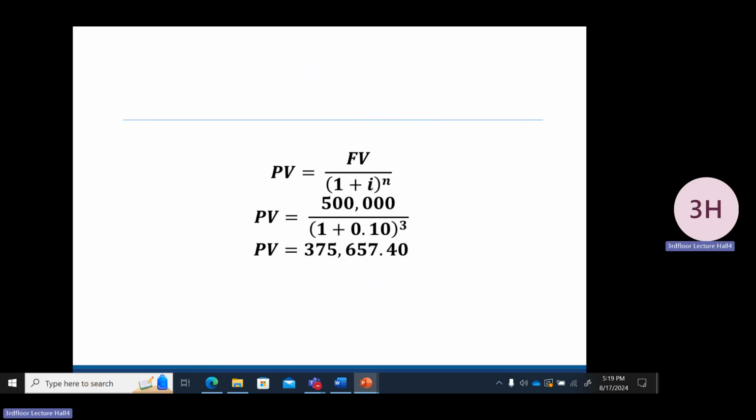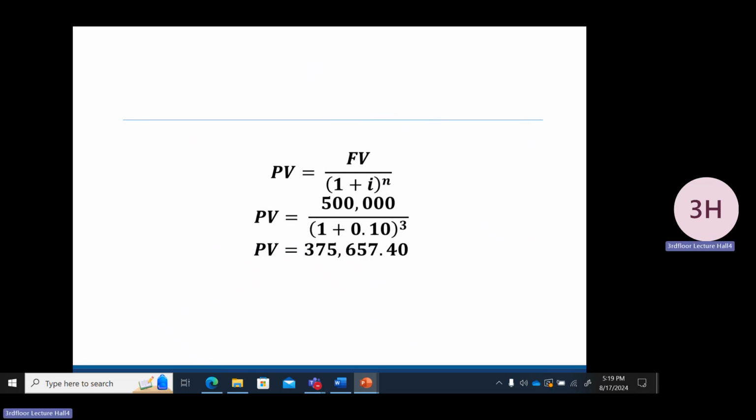You are getting 500,000 in 3 years. You are going to sell this investment to another person. Your cost of capital is 10%, your required rate of return is 10%. So you have to decide the price, the value of this investment.